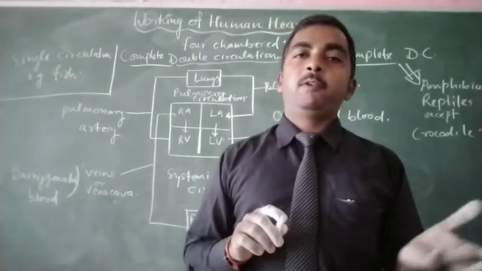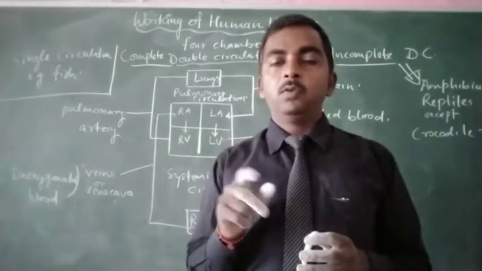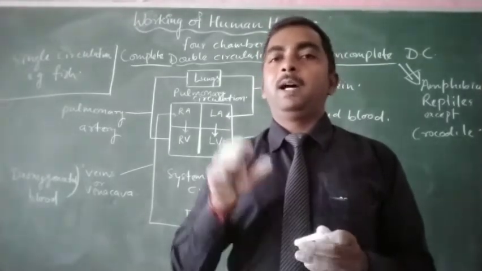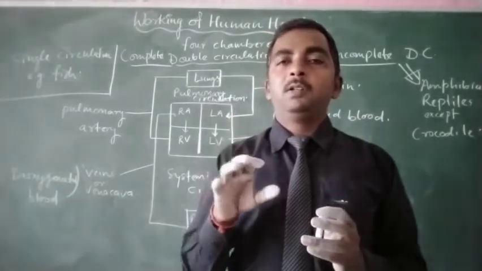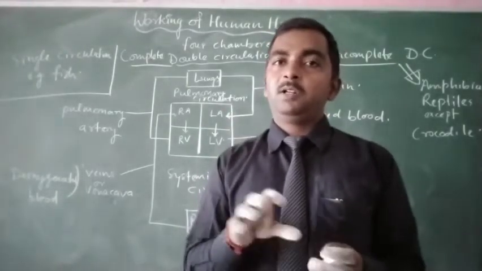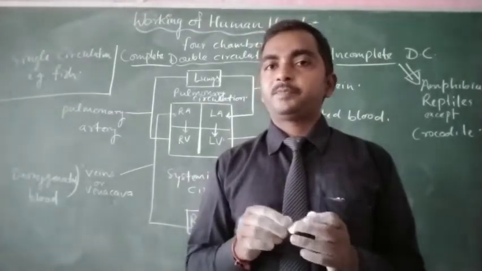So the blood collected from all parts of the body is collected into the auricle, and the auricle pumps it to the ventricle, and the ventricle pumps this deoxygenated blood to the gills, which are the respiratory organ of fish.